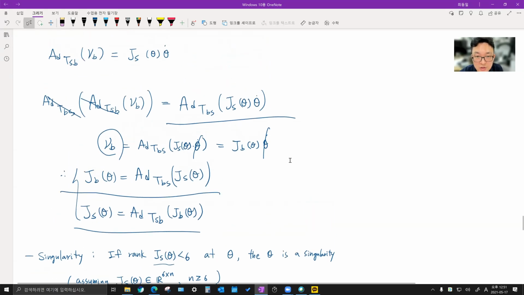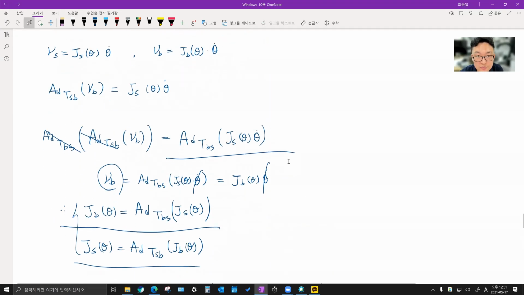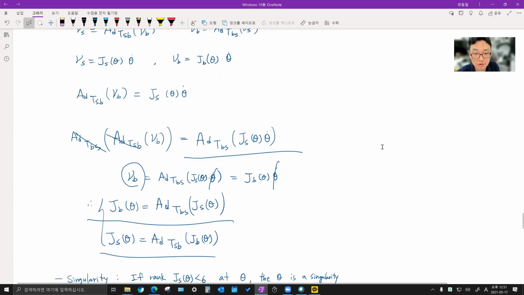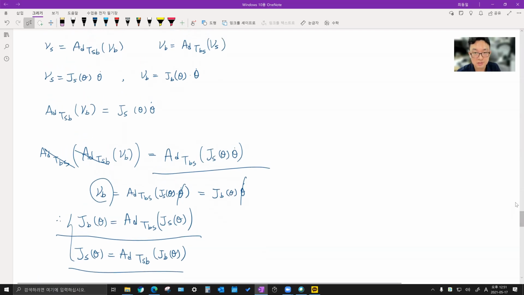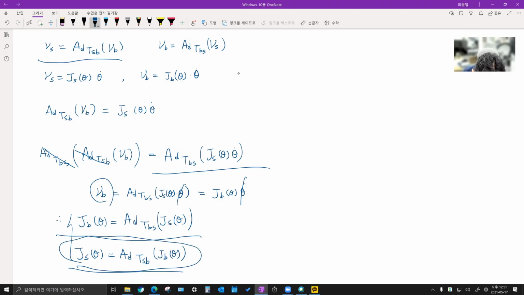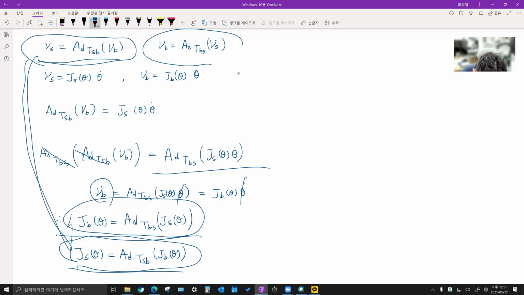So this one is almost the same format as the twist. So in here, the body twist can be transformed to the space twist like this, and the space twist can be transformed to the body twist like that.